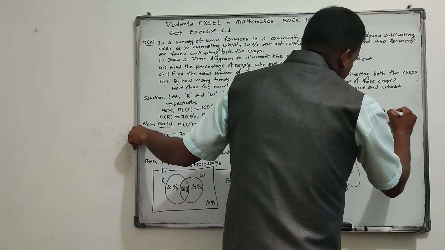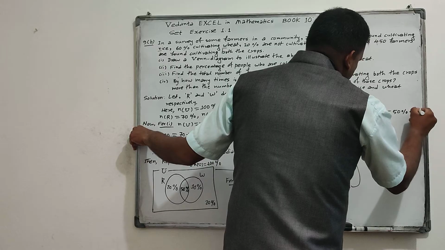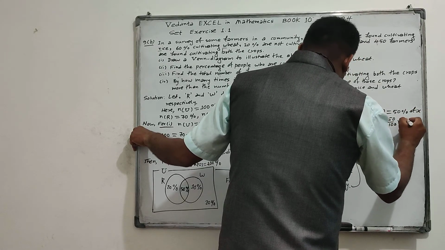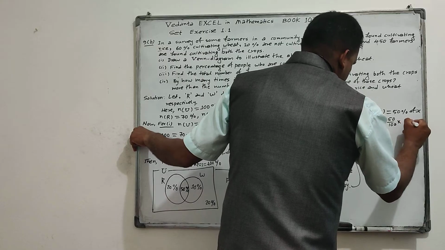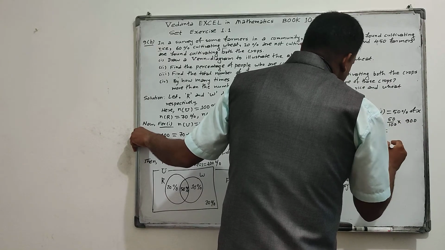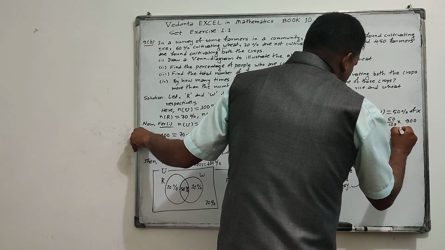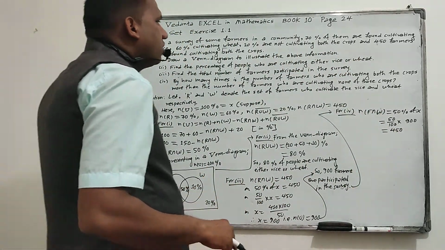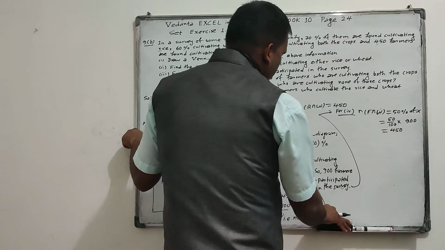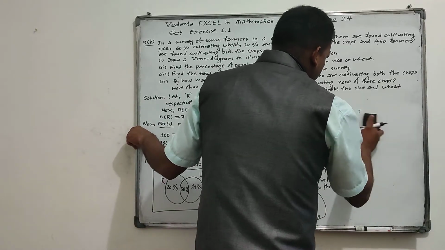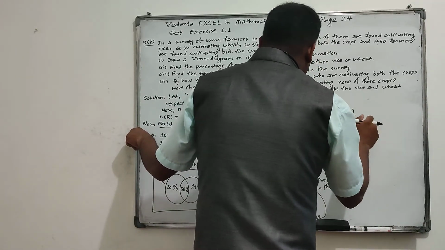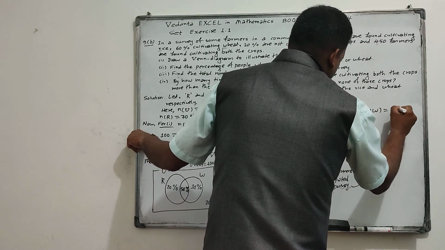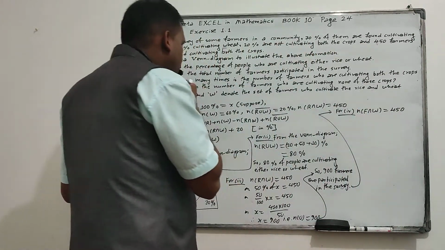So 50% of X, this is equal to 50 by 100 times 900 equal to 450. That is also given in the question.